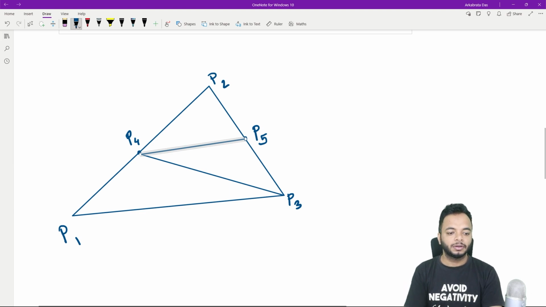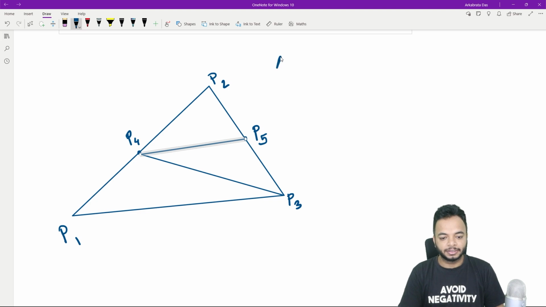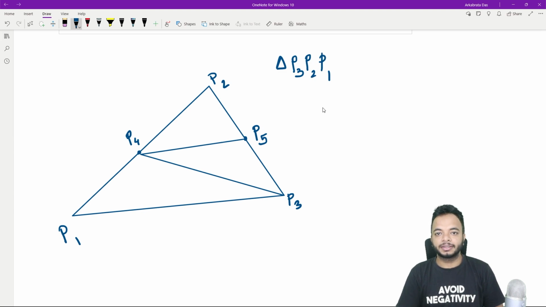So what is actually happening is, if you notice, the first triangle is triangle P1, P2, P3. Let's write it in the form that is given in the problem: P3, P2, P1. Then the second triangle is P4, P3, P2, and since P4 is the midpoint, you can show that the area will be getting halved.